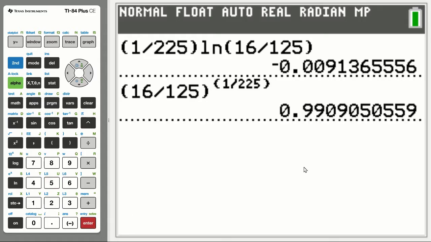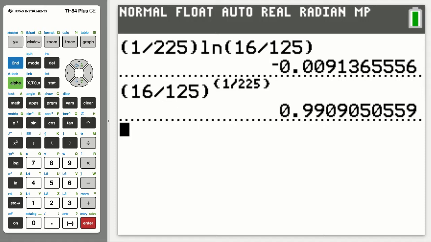Hit enter. This is the value for our 1 minus r. About 0.990905, so in 5 decimal places it's 0.99091.